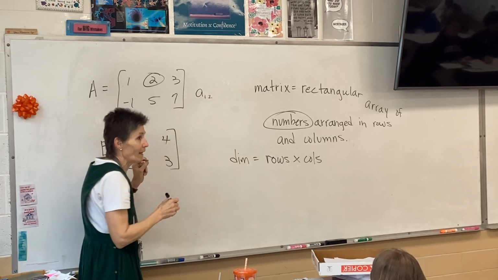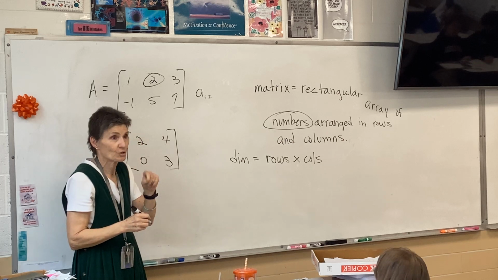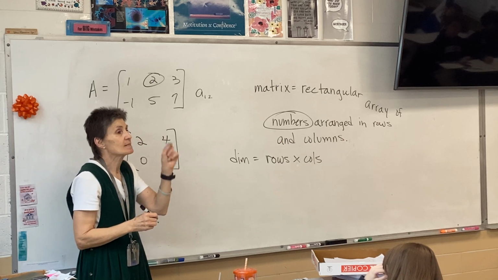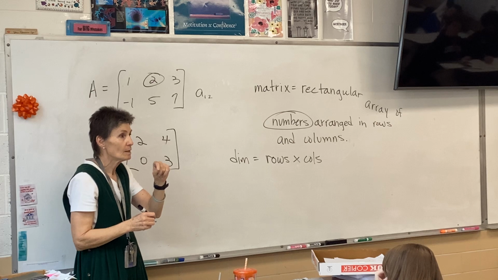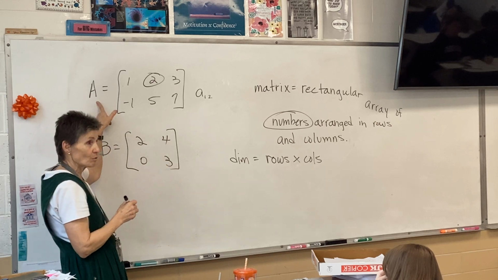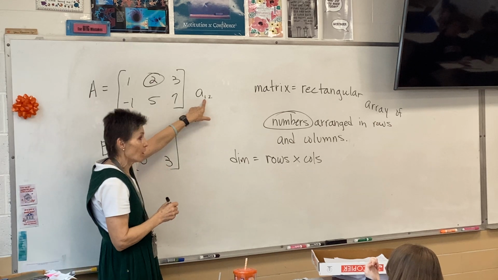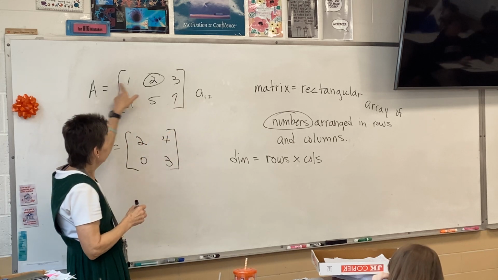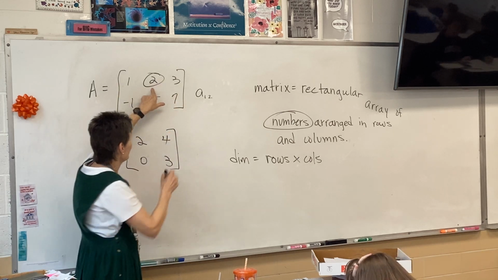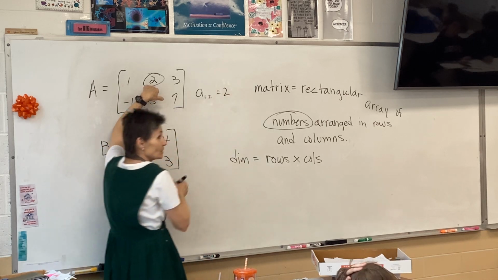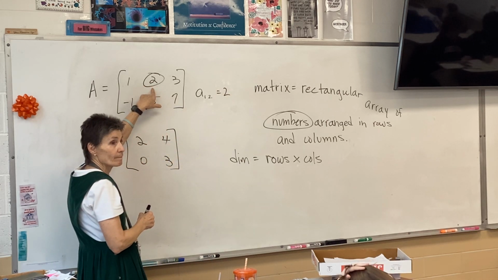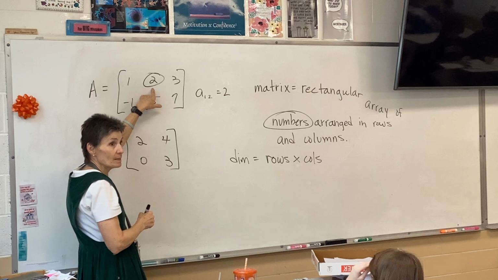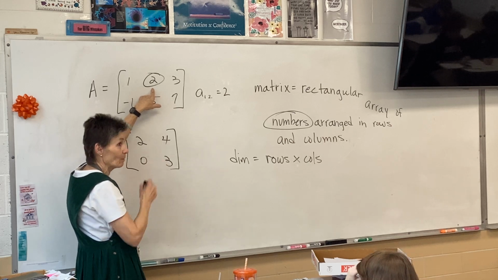That is not a 12, that is a 1, 2. A sub 1, 2 means look in matrix A, first row, second column. So in matrix A, first row, second column, that is the number 2. Got it? So that's how I talk about entries.